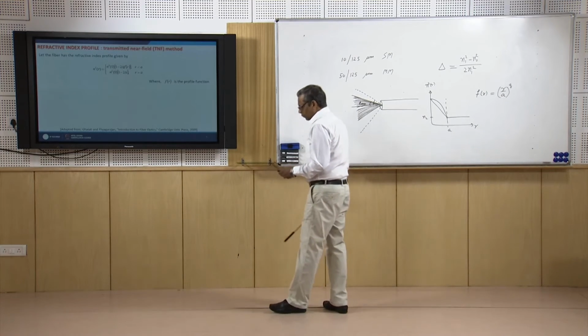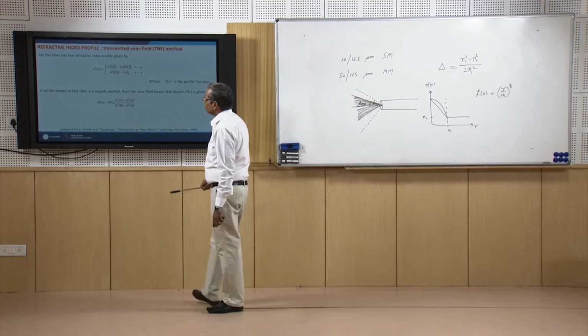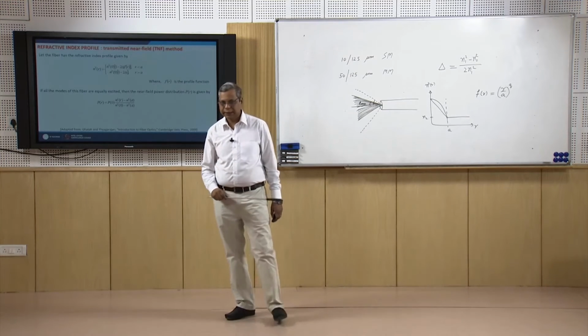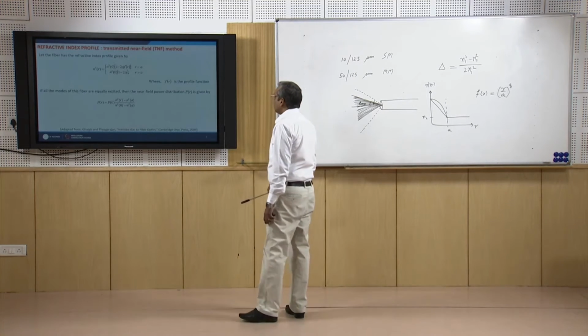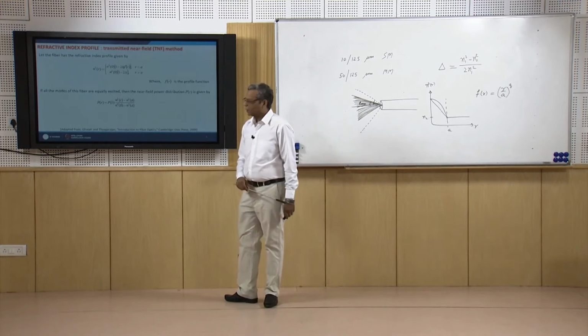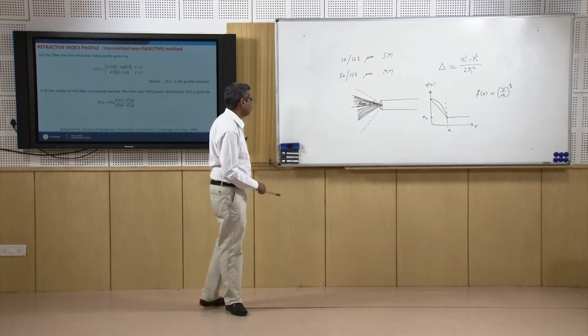So, f r is the profile function, and then it can be shown that if all the modes of the fiber are excited equally, then the near field power distribution P r can be given by this. What do I mean by near field distribution?